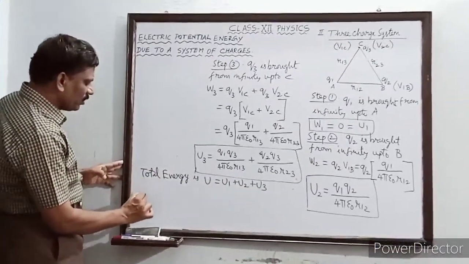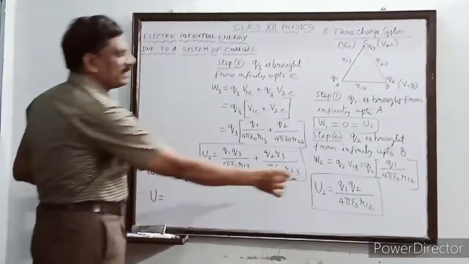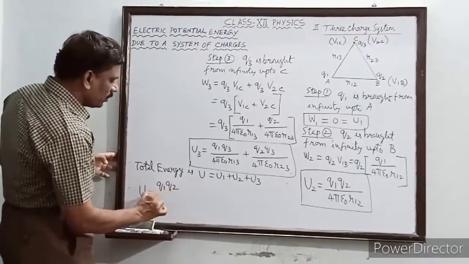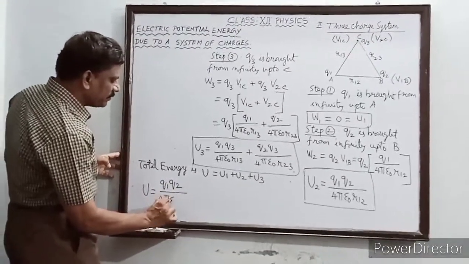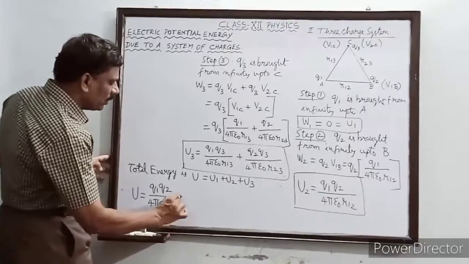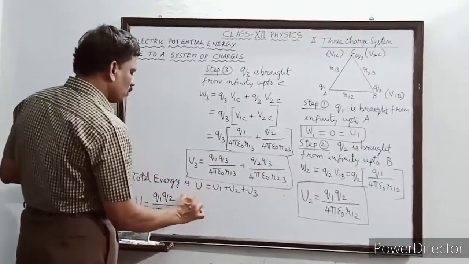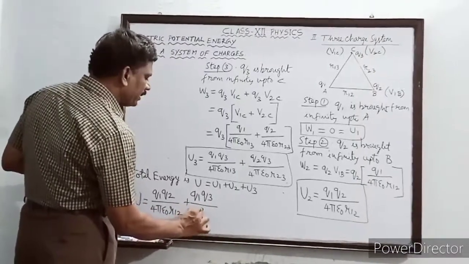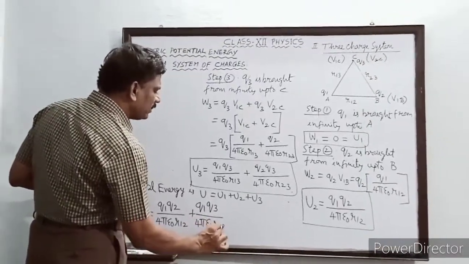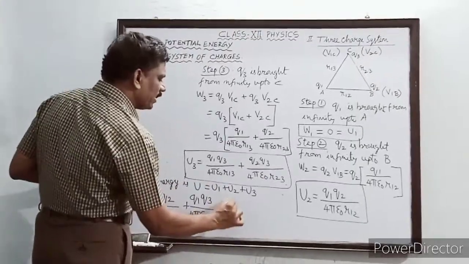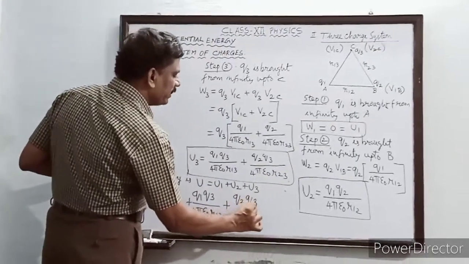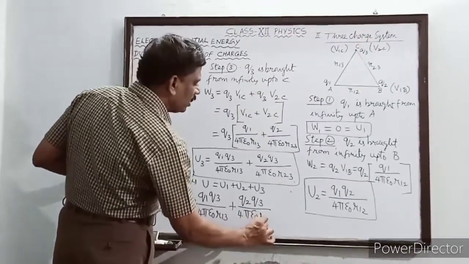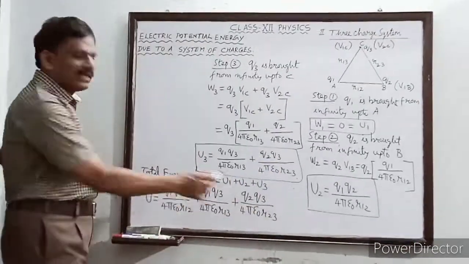That is, the total energy U is equal to Q1 Q2 by 4 pi epsilon naught R12, plus Q1 Q3 divided by 4 pi epsilon naught R13, plus the third term Q2 Q3 divided by 4 pi epsilon naught R23. So there are three terms.